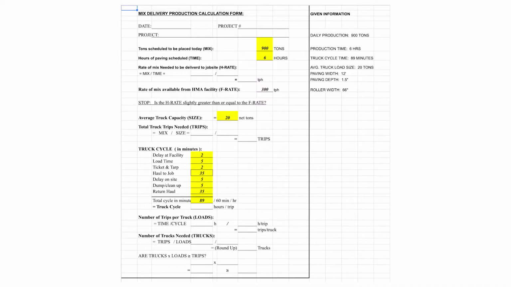We're paving 12 feet wide, 1.5 inches thick, and using a 66-inch wide roller. In the first problem, we're going to determine how many trucks you actually need. The given information has been filled in. If you want to go ahead and work through this, we'll give you a few minutes and then we'll go through it together.